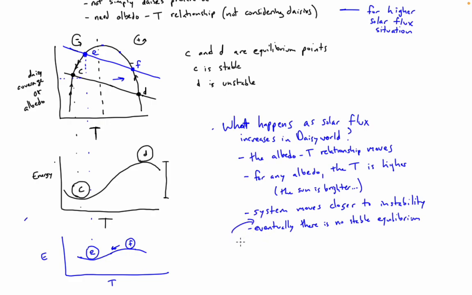But before that, I guess we should say it becomes more susceptible, I'm not going to spell that properly, it becomes more prone to switch to a positive feedback due to disturbance.